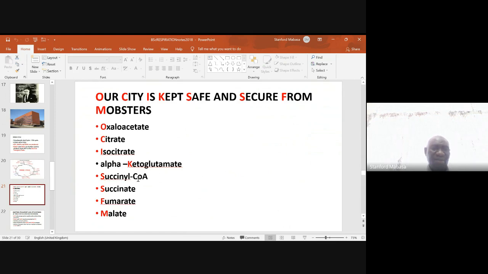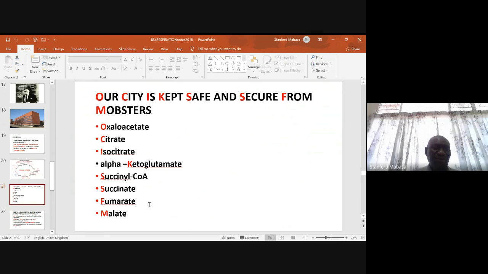Then succinyl coenzyme A, we've got S. Another S representing succinate, F fumarate, and M malate. Maybe this may help us to remember this list of chemicals. But otherwise, we are just interested to know the products of the citric acid cycle and also the products which actually initiate this cycle.